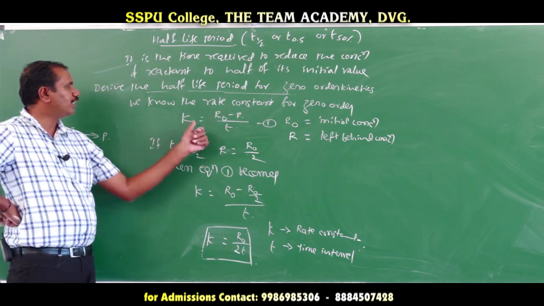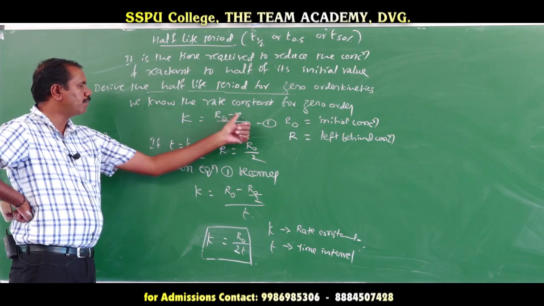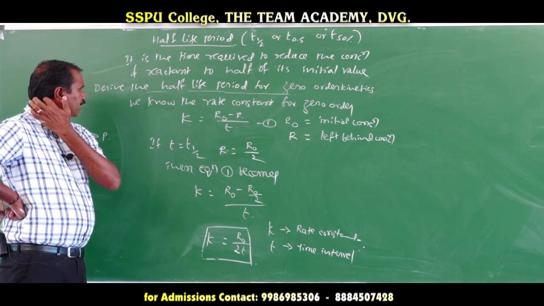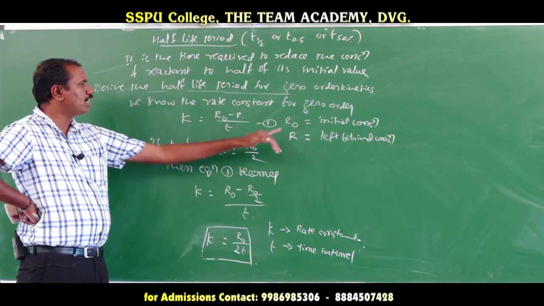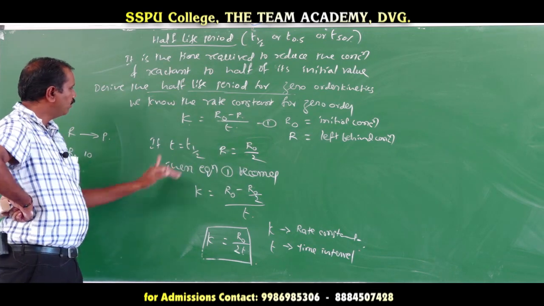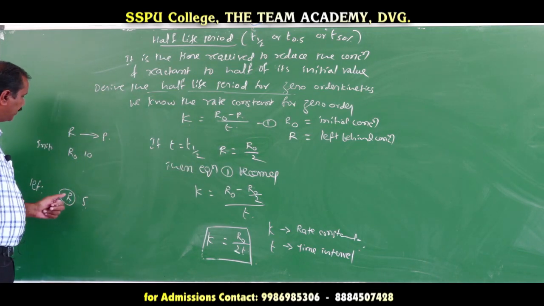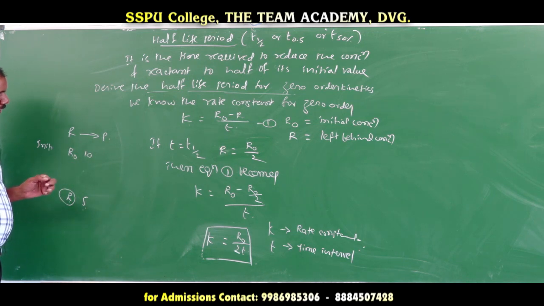How? We know for zero order kinetics, K equals R naught minus R divided by t, where R naught is the initial concentration and R is the left behind concentration. When t becomes t half, the value of R becomes R naught by 2. R naught is 10, 10 by 2 is 5.